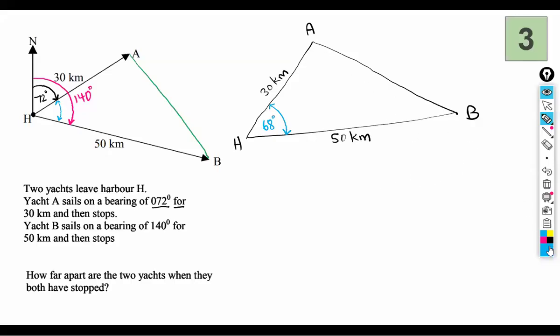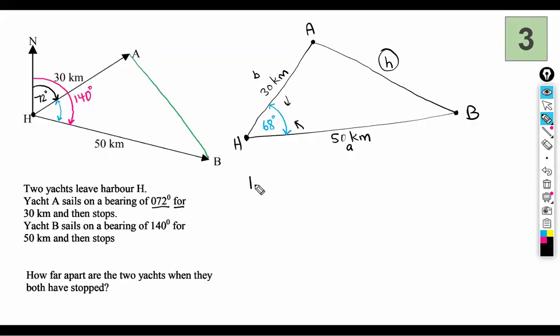So, and they want us to find the distance AB. If here's capital H, over here's common h. Here's capital A, over here's common a. Capital B, here's common b. We want to find common h. We have two sides and the angle in between.